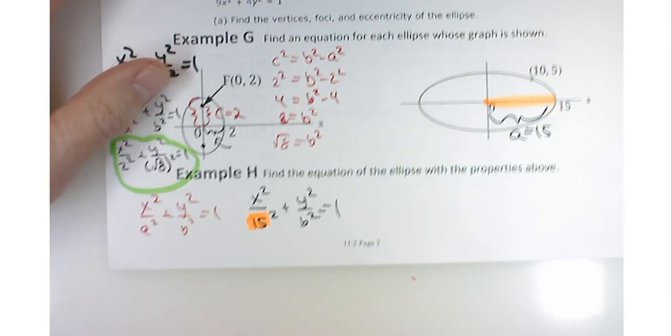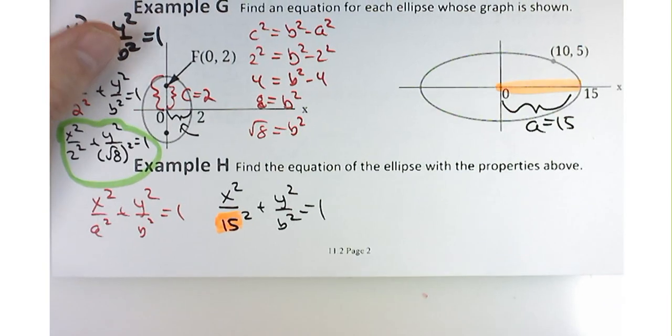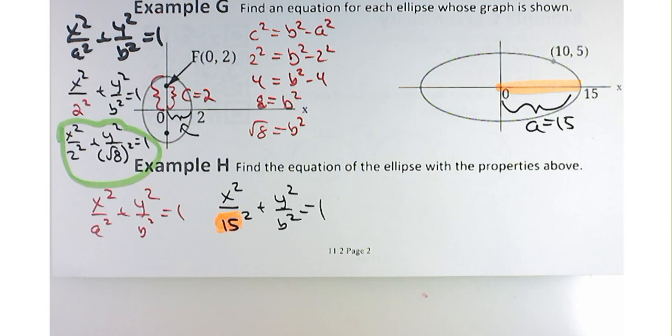And okay, great. So I got one of these, but I need b squared. What am I going to do to find b squared? I don't have any information on c, but I do have some more information. Is it 10 and 5?